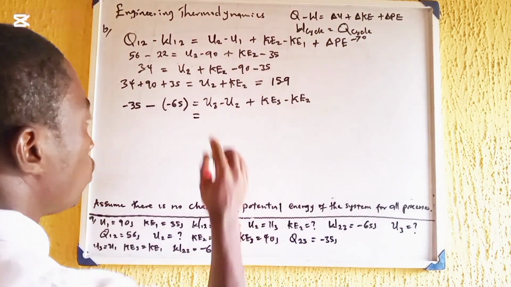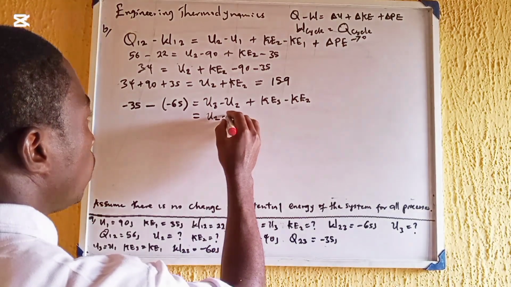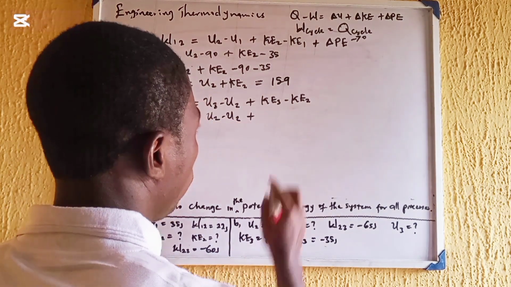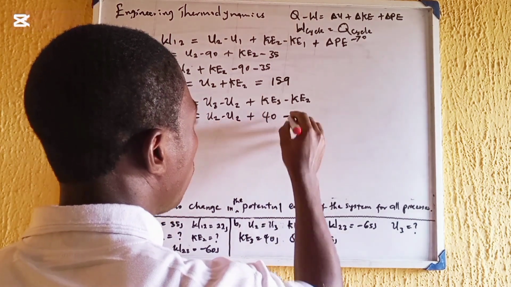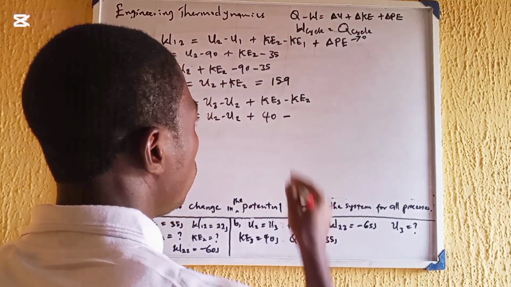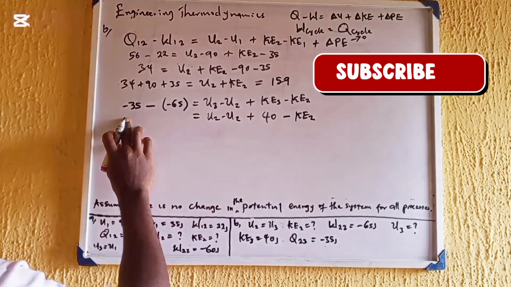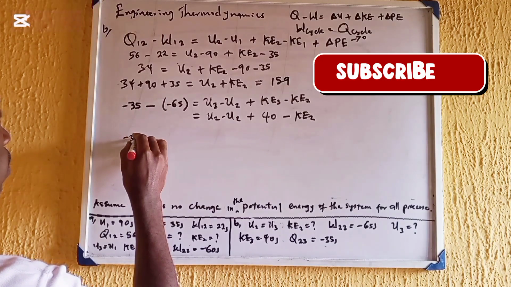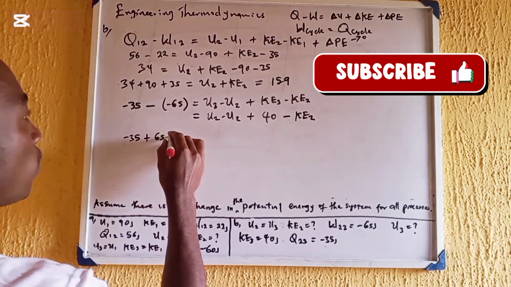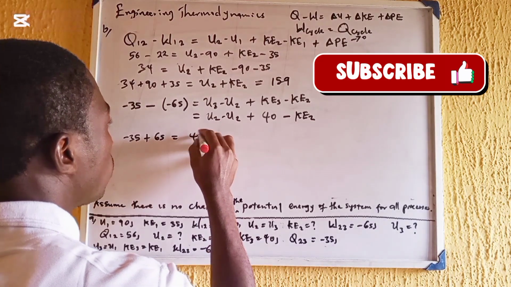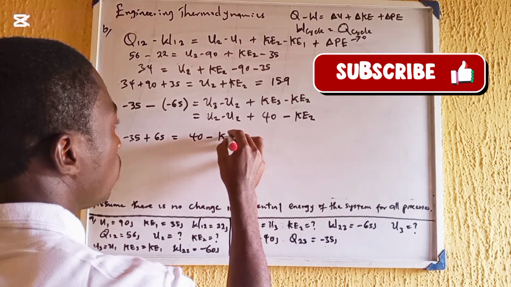U3 is equal to U2. So U2 minus U2 plus KE3 is given as 40 joules. So we're having 40 minus, we don't know KE2, so we say KE2 minus 35 plus 65 is equal to U2 minus U2, that's 0. So we're having 40 minus KE2.